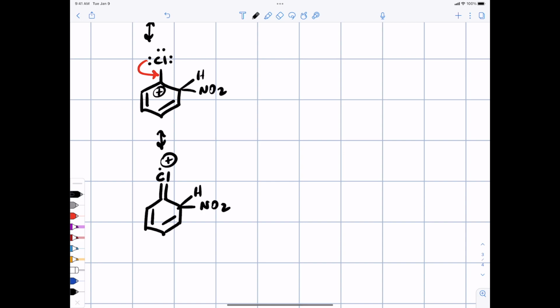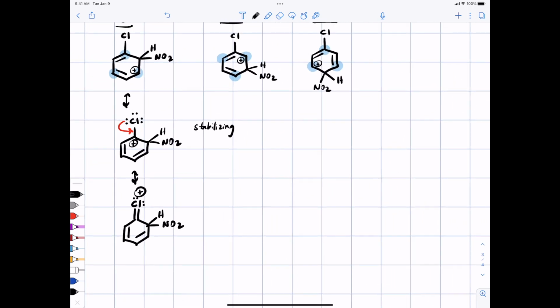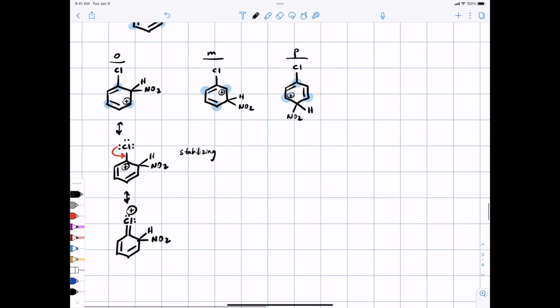That resonance structure should look weird to you. You're not used to seeing chloro with a positive charge on it. It's not a great one, but it is stabilizing because you're spreading out the positive charge. And so yes, it is lower in energy. The carbocations where the positive charge is on atoms 1, 3, and 5 are more stable than when it's on 2, 4, and 6, because when it's on 1, 3, and 5, you can spread out electron density onto the chlorine.